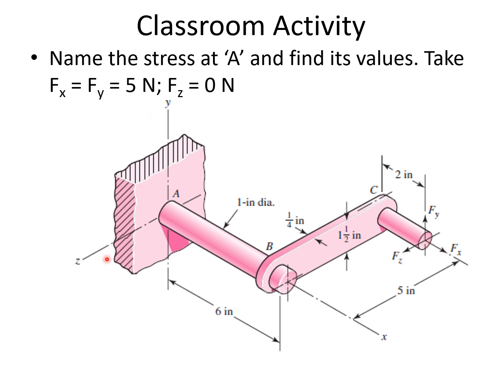See here the coordinates: this is positive x direction, this is positive y direction, this is positive z direction. So Fx is given a positive value. So the force will be in this direction, and Fy equal to also 5 Newton, that will be in this direction. Fz is 0.